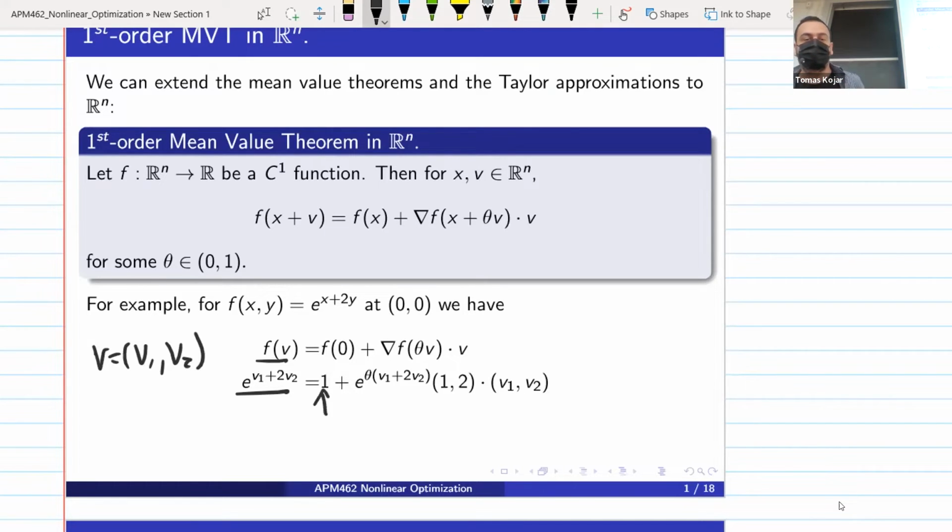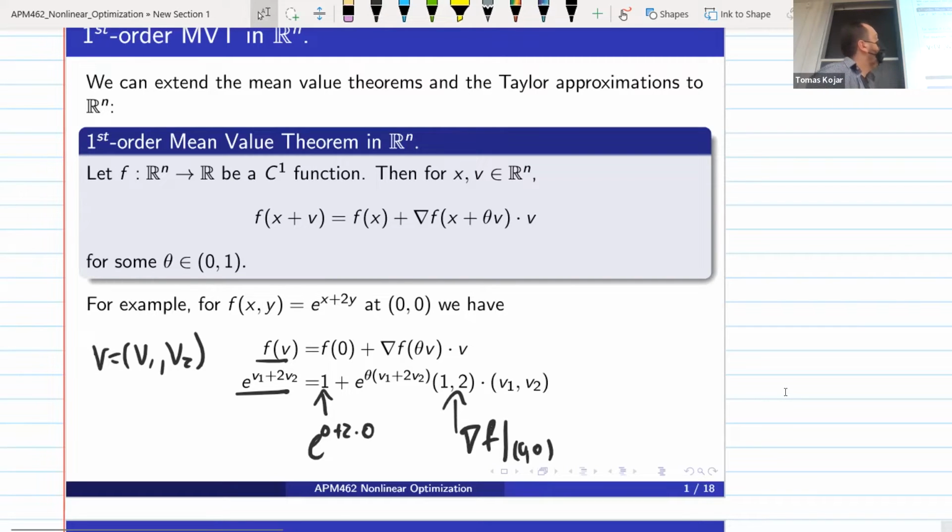The term over here is 1. Is it clear why? Because it's e to the 0 plus 2 times 0. Good. And we computed this last time. The gradient of f, we found it to be 1, 2. So the gradient of f at 0, 0 is 1, 2. This is the Taylor expansion in multivariable.